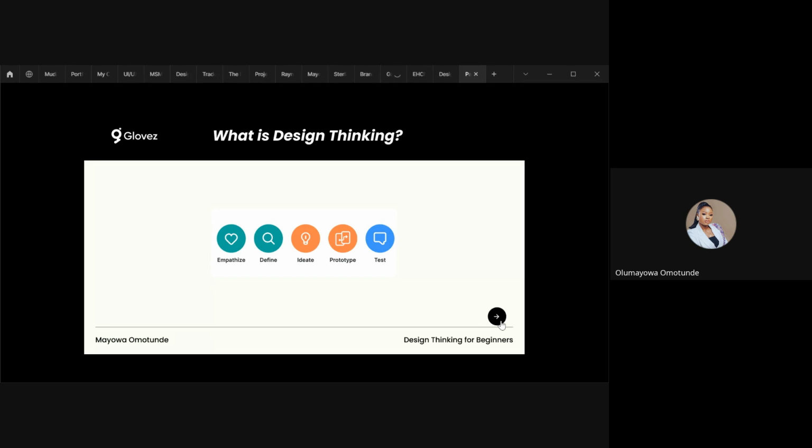As much as possible in this session, I'll be relating the design thinking process to the lean product process. Like design thinking, it's another methodology that people use when developing products, not just in the tech space. They want to iterate fast, develop a solution and put it out in the market.